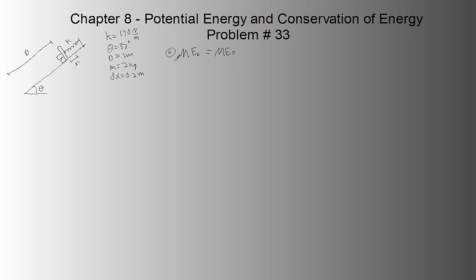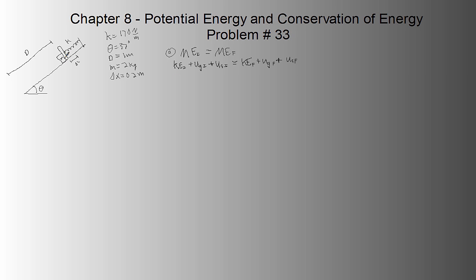And what individual energies make up the mechanical energy initial? Well, we got the kinetic energy initial. We got some gravitational potential energy, UG initial. And we got some spring potential energy initial. And then we also have some of that final.